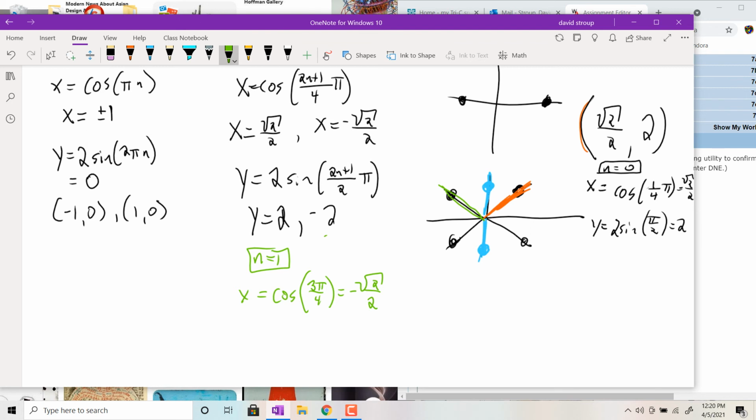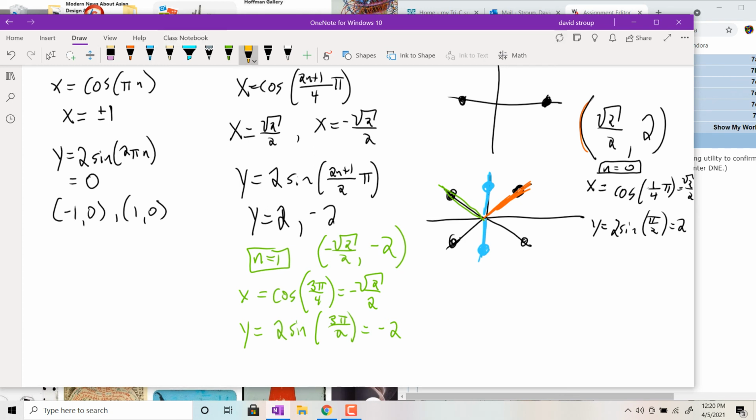Then y would equal 2 sine of 3 pi over 2, which is going to end up being negative 2. So negative root 2 over 2, comma negative 2.